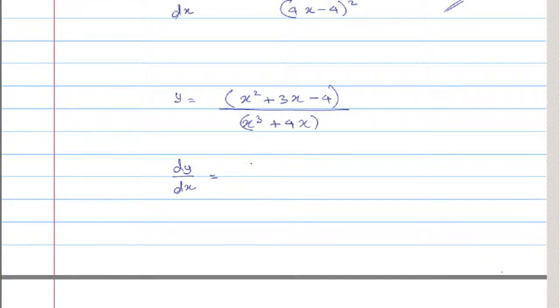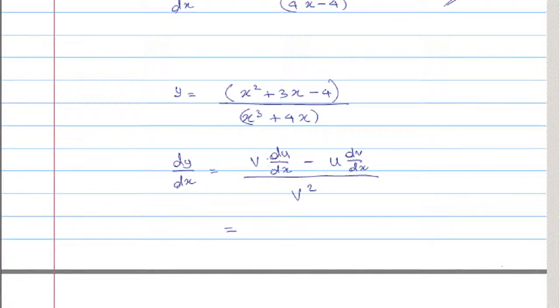I think it just helps you remember it. So it was v du over dx minus u dv over dx. And I just remember it as the denominator times the derivative of the numerator minus the numerator times the derivative of the denominator divided by the denominator squared.